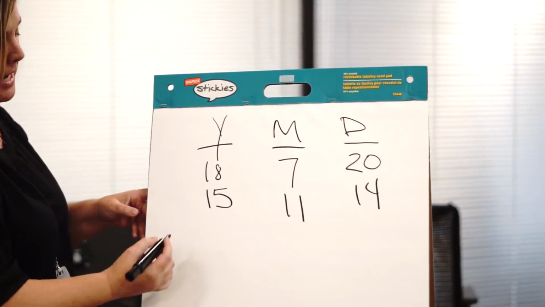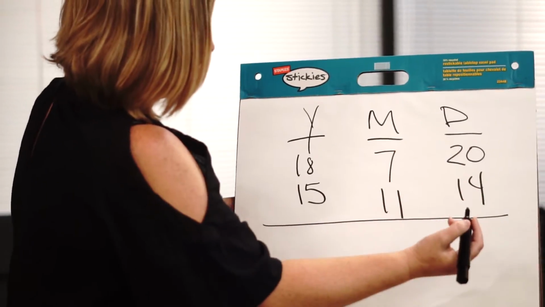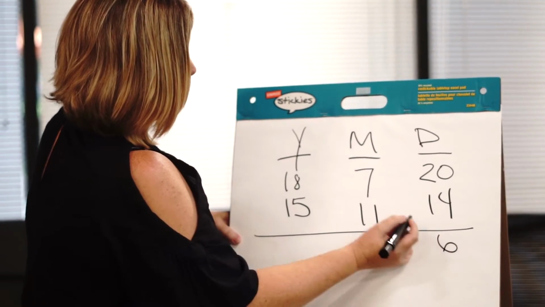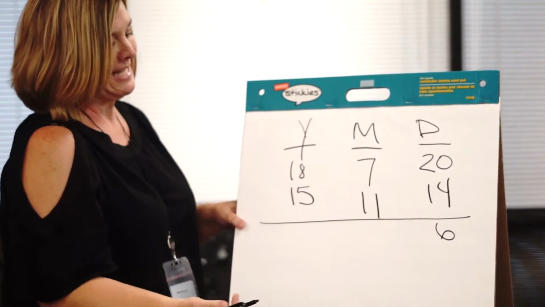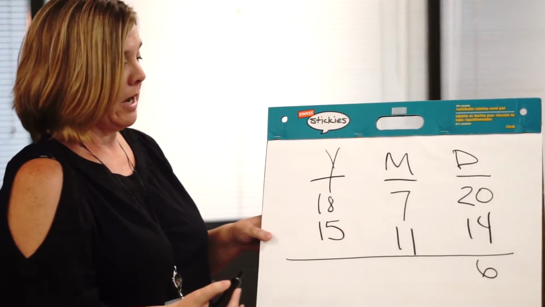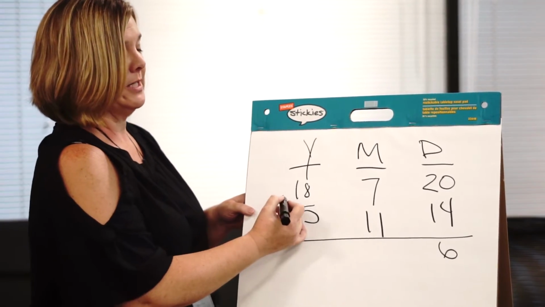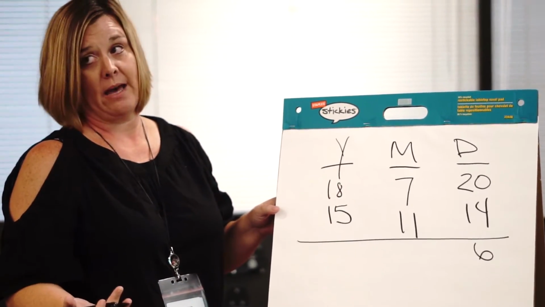Okay, so now we subtract. This one's very self-explanatory, right? But here you can't take 7 away from 11, so I'm going to need to borrow. I can't just borrow simply. I have to borrow an entire year because that's the column I have.